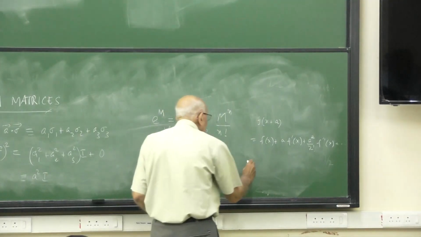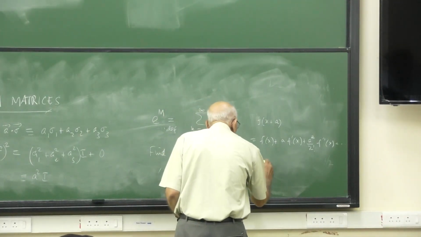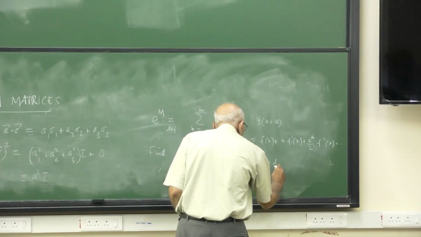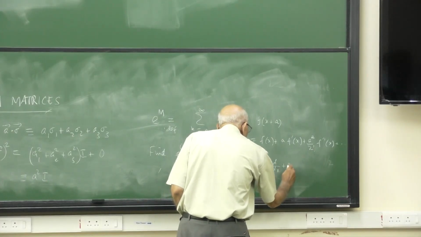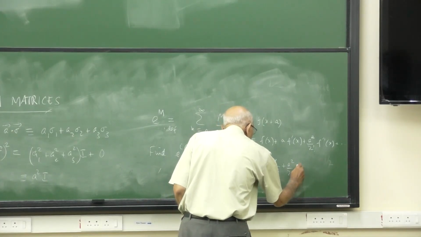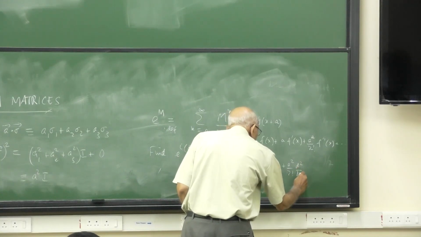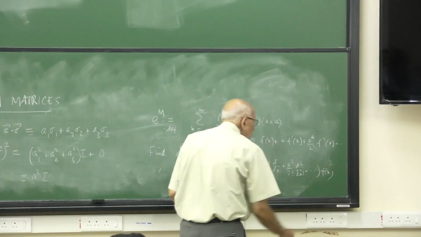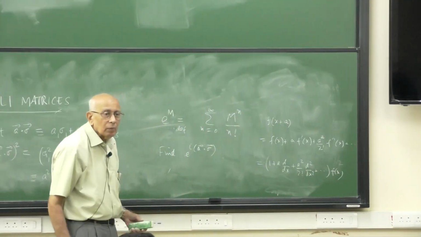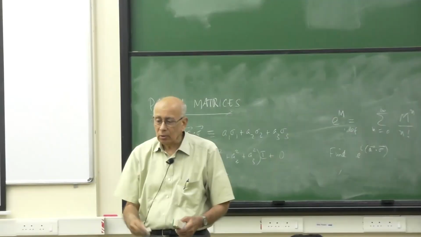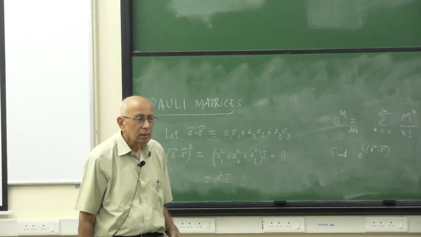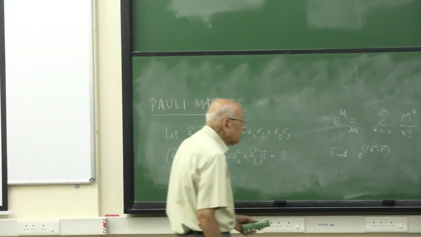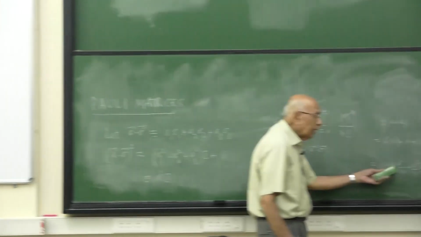I can write this as equal to 1 plus a d over dx plus a squared over 2 factorial d2 over dx2 acting on f of x. Formally I can write it like this, all these operators acting on f of x. But this is an exponential series, e to the power a d over dx.